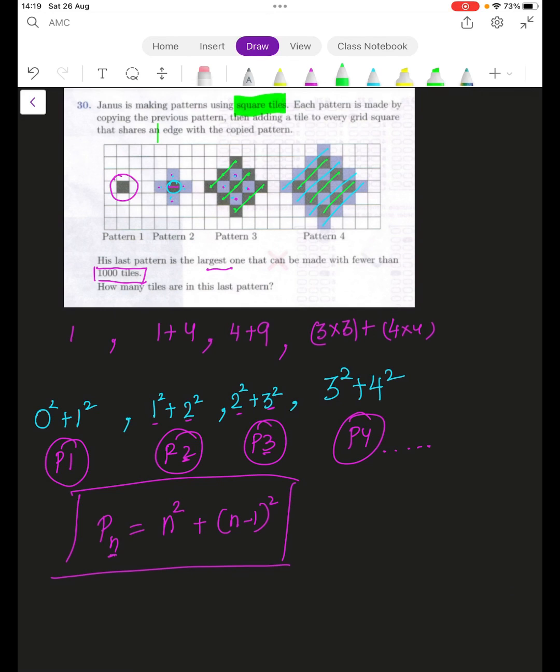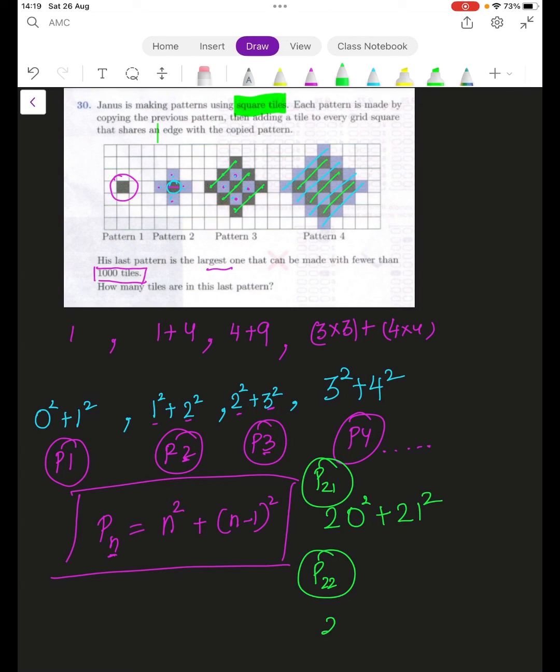So we are looking for an answer so that a number is still a 3-digit number. So now let's try to work it out. Because we are allowed a calculator, you can actually work on that to find out. Let's take a random one. Let's do 20. So if it was pattern number 21, it will be 20 square plus 21 square.